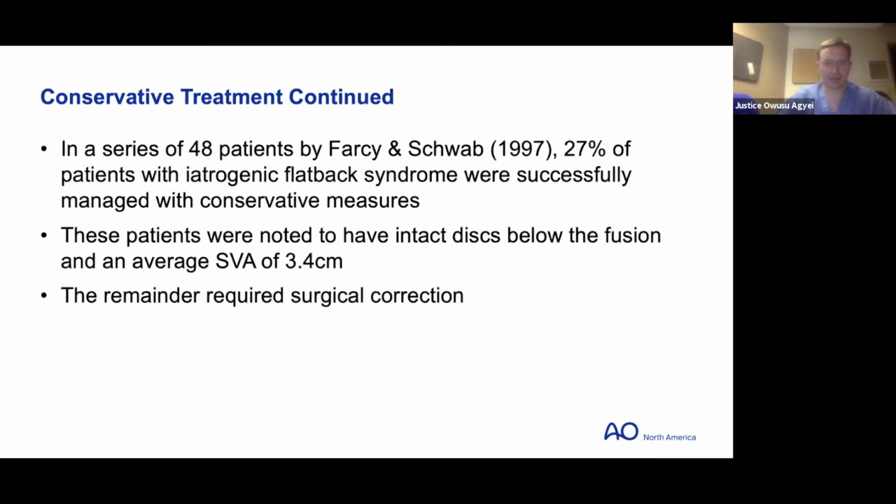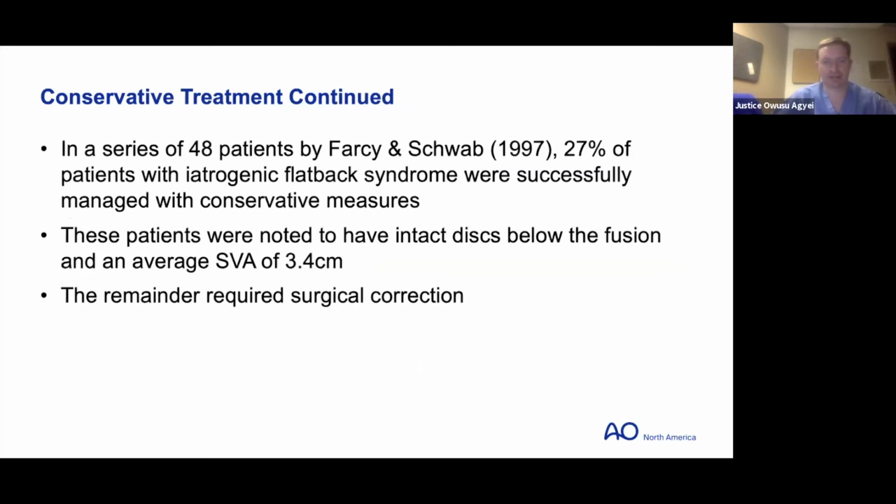However, there's a series of patients by Farsi and Schwab which found that only 27% of these patients were successfully managed with conservative measures. They were also noted to have an SVA of about 3.4 centimeters, so certainly a relatively normal SVA compared to the others.